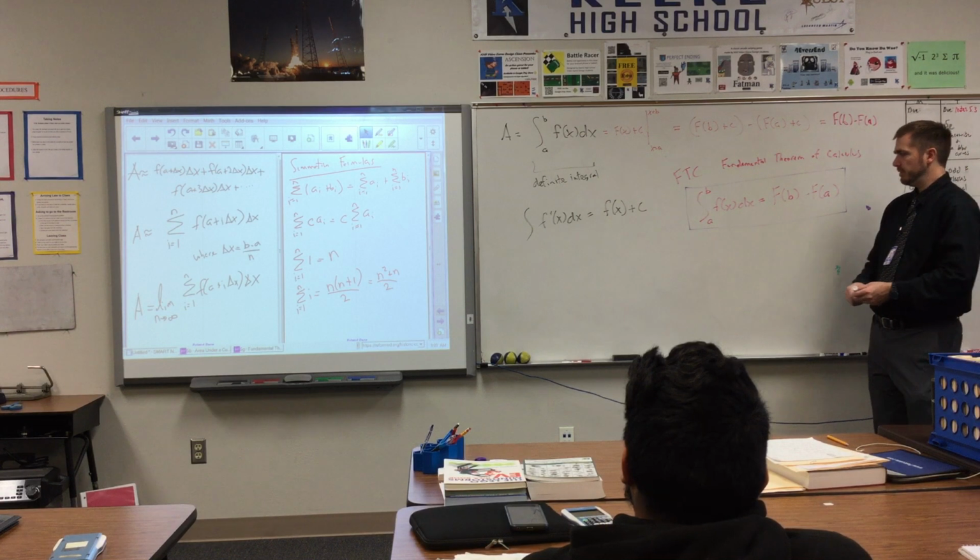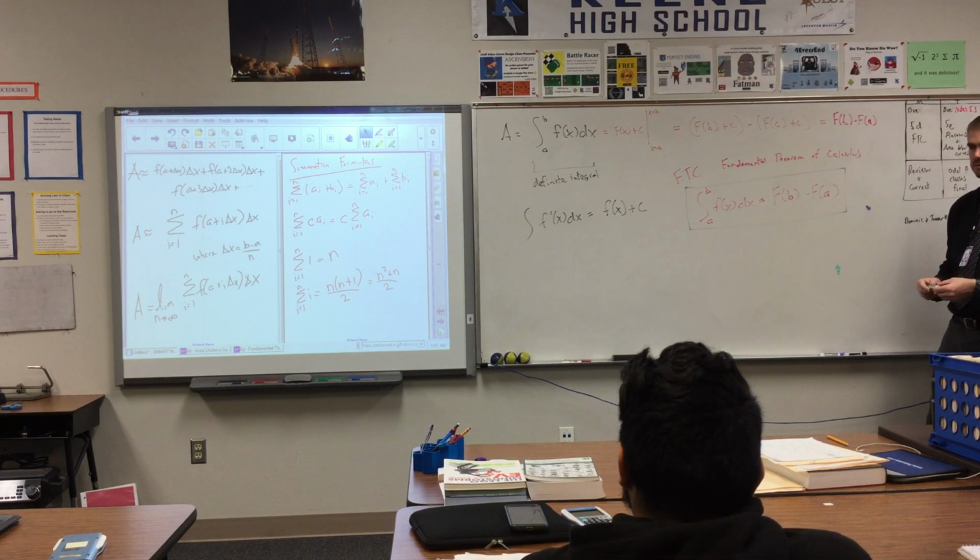And that's also obviously going to equal the area under the curve, under f of x but above the x-axis, and between a and b.